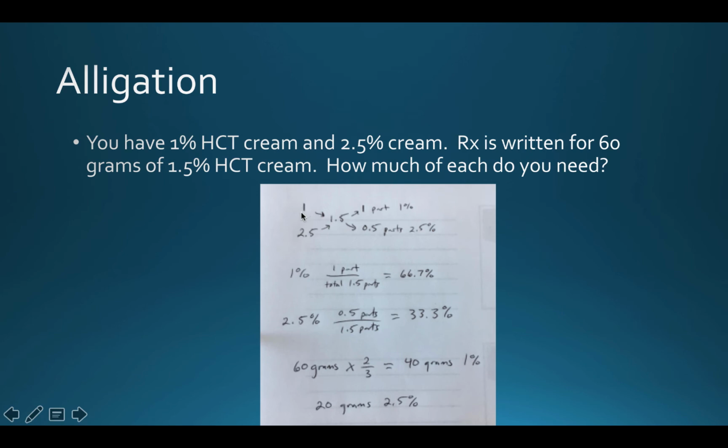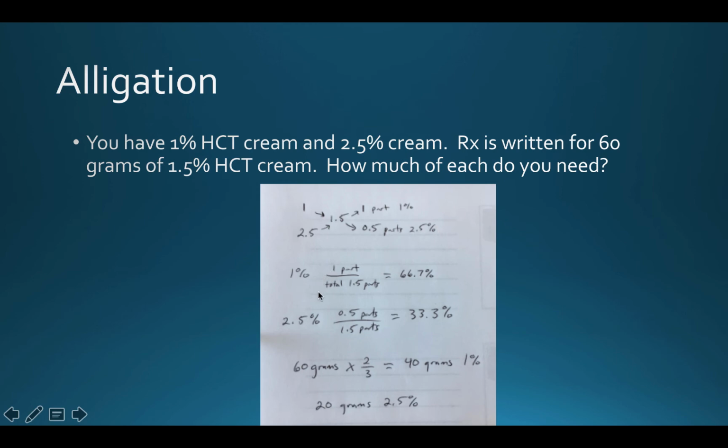So doing the alligation method, you start with what you have, you put what you want in the middle, and you cross-subtract out. And so this is the 1%, and this is the 2.5% across. And so we want 1 part 1%, and 0.5 parts 2.5%.